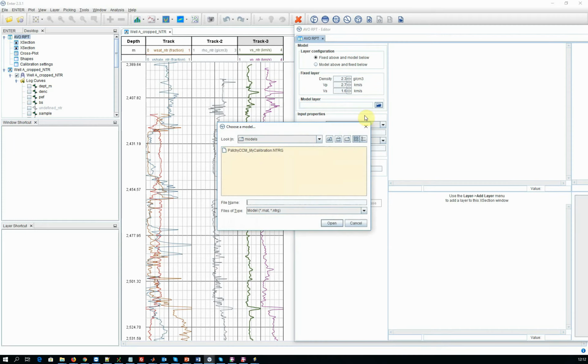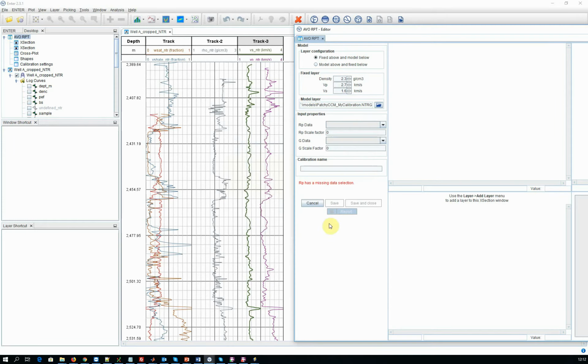Next we need to specify the rock physics model we are going to use. So we choose the IRPM model that we have made. And then we need to specify the input data, the intercept and the gradient.